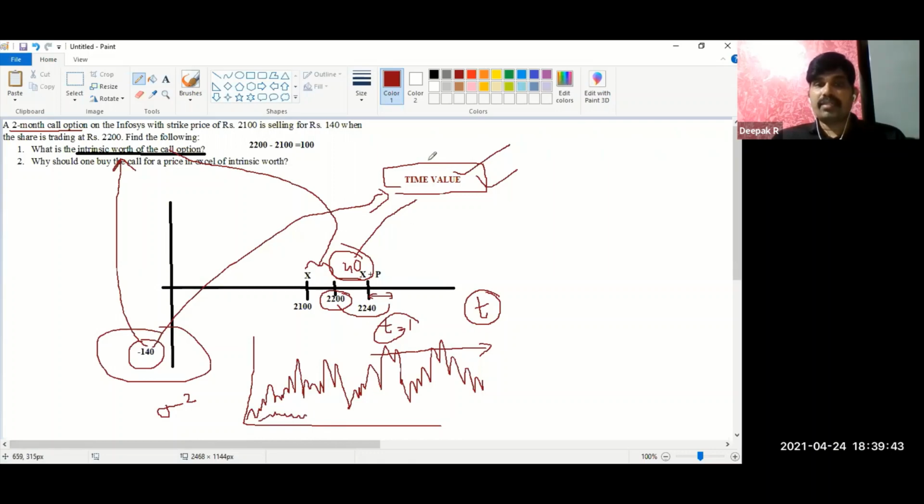If there is another share whose volatility is almost flat, there is no chance of you making any money, because it is almost flat.